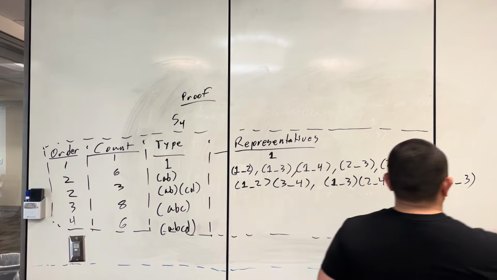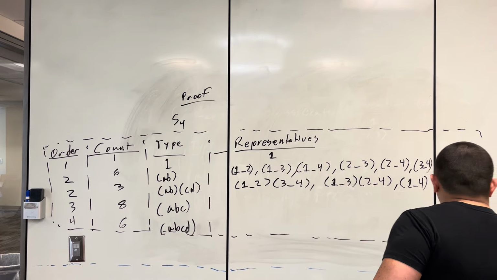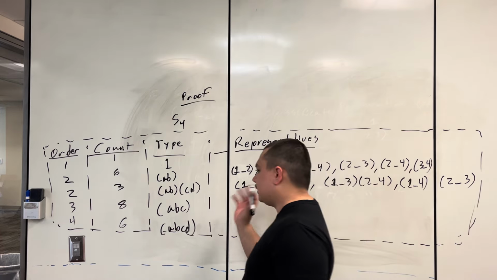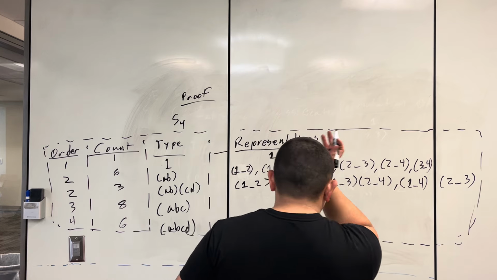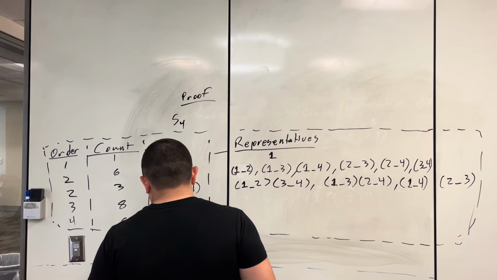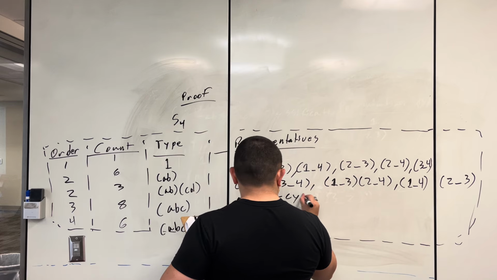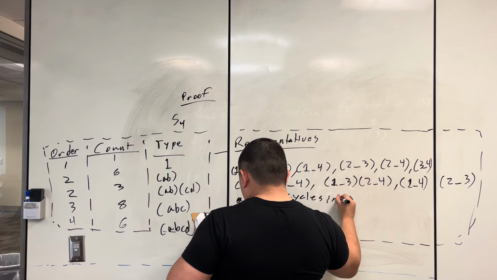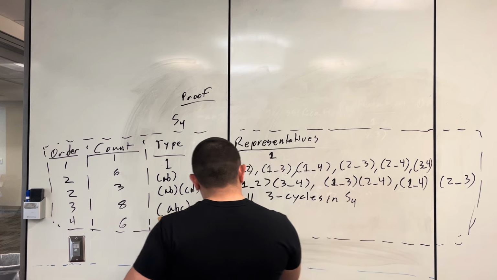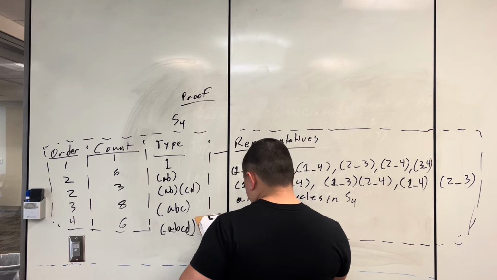Not really, because we don't really need to, because the rule still applies with the LCM and each of these disjoint cycles. So, how about this case? Well, all 3-cycles, this would just be all 3-cycles in S4, and this would just be S sub 4 technically.